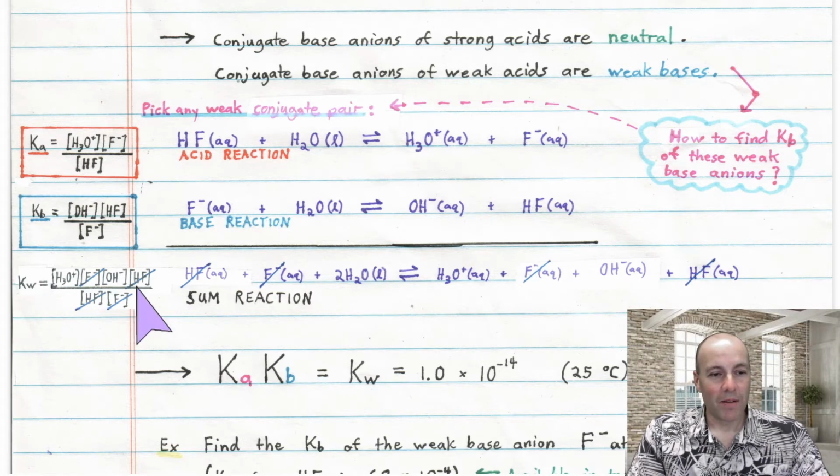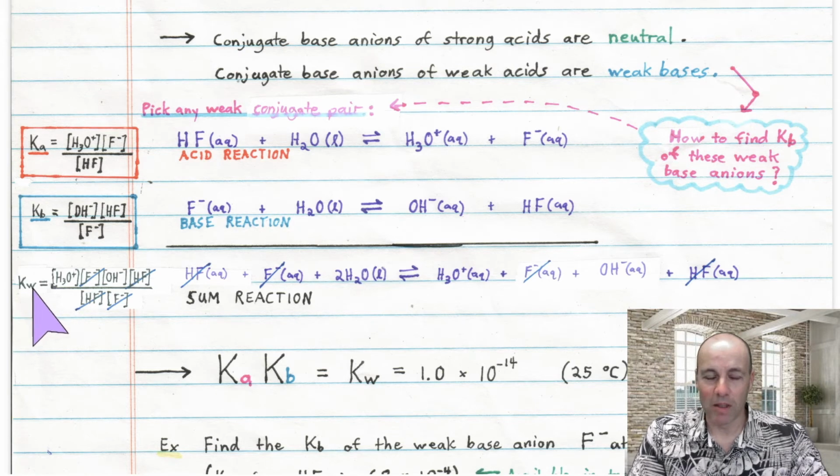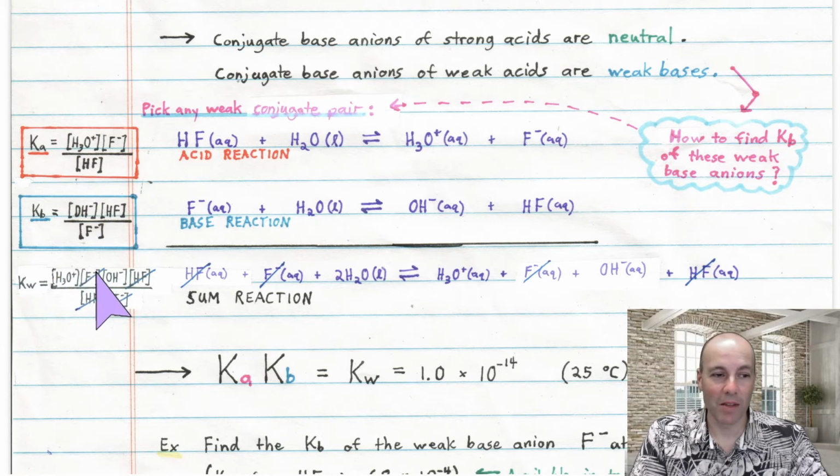Now, the equilibrium constant for that total reaction, we'll call it Kw for the moment, you can see that these 3 terms on the left, those are your Ka terms. So that right there is Ka. And those three on the right are the Kb terms. So really, you can see how this equilibrium constant expression is really Ka times Kb.